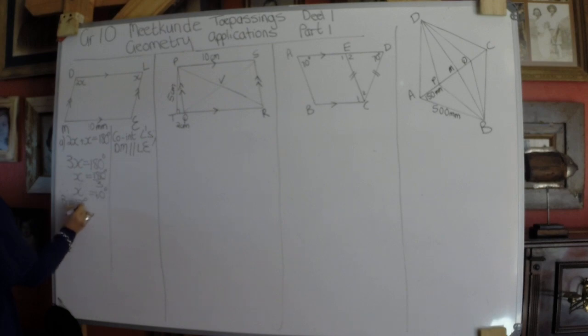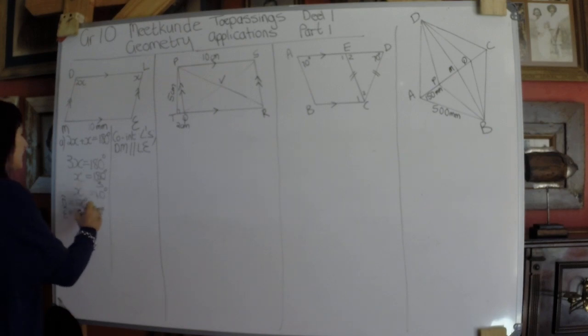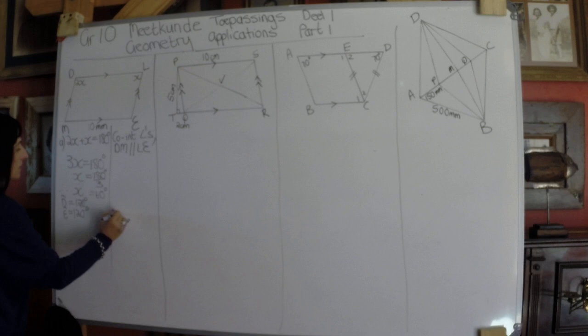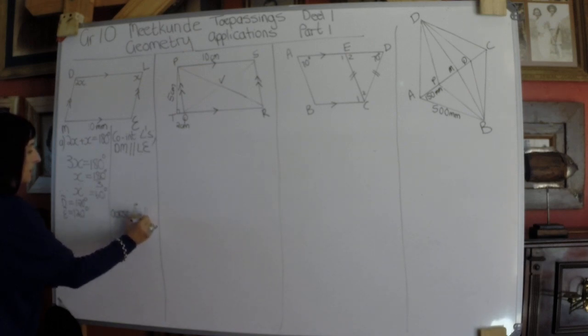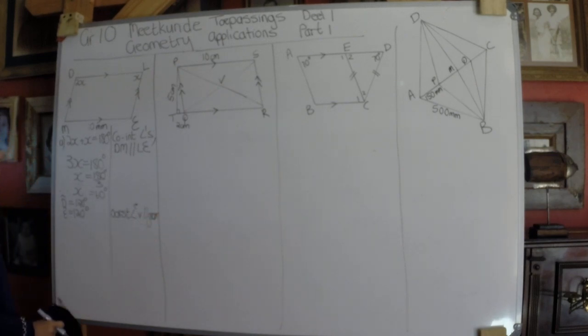I know that E is also going to be 120 degrees, maar ek moet sê, hoekom sê ek E gaan ook dieselfde grootte wees? Omdat dit is oorstaande hoeke van 'n parallelogram. Ons weet oorstaande hoeke van 'n parallelogram is gelyk.